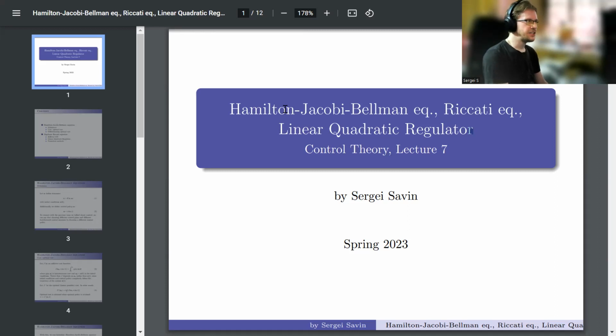For example, if the system has eigenvalue -10, we are happy because it is stable. If the system has eigenvalue -0.001, so 1 divided by 1,000 with a negative sign, we are still happy because it is still stable. Of course, you can understand that the second system would decay to 0 much slower than the first.